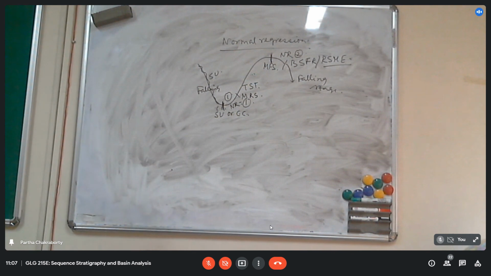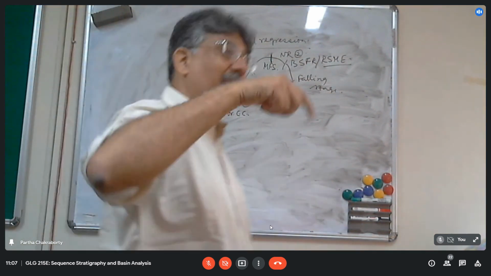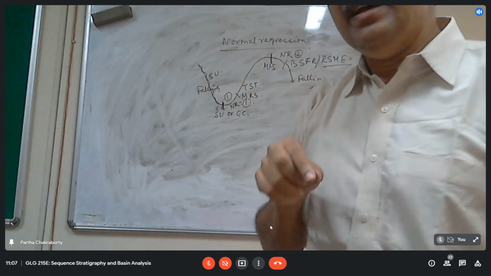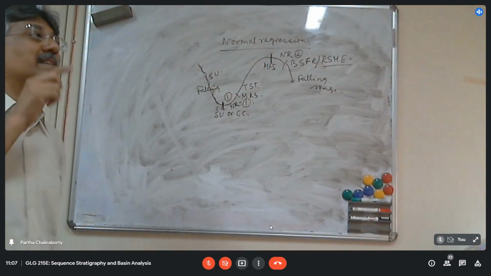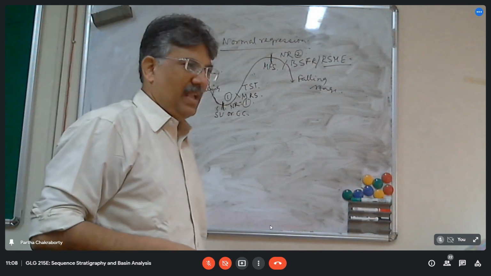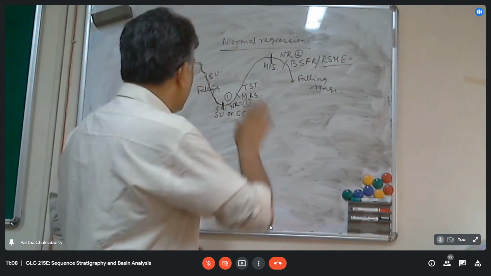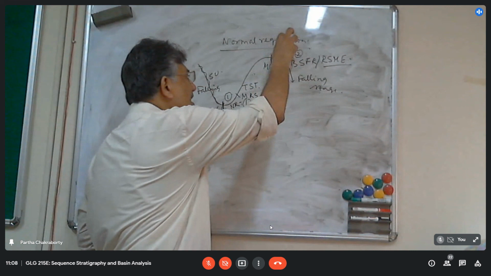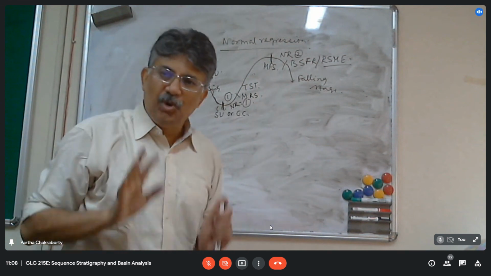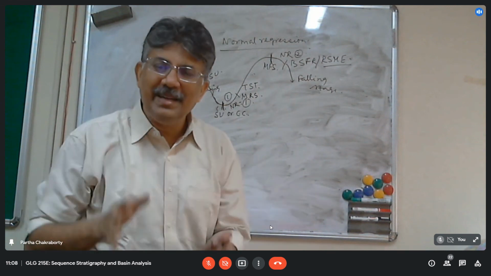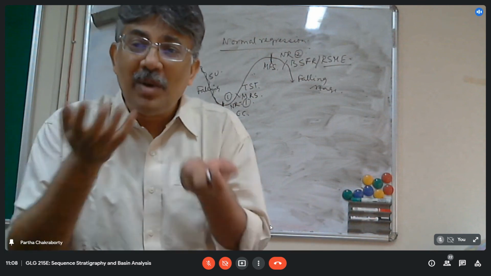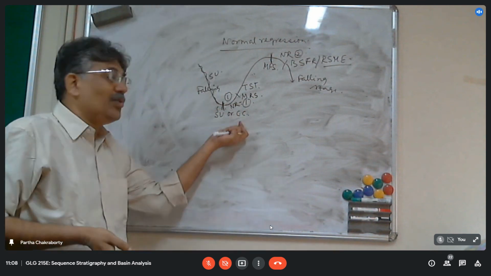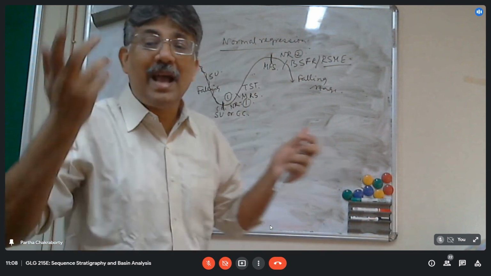So two different cases. In the diagram I had drawn earlier, I said normal regression is the ascending regression. That will be true for both this normal regression and that normal regression. In both cases there will be ascending regression. Then how will I identify which one is the product of normal regression 1 and which is the product of normal regression 2?